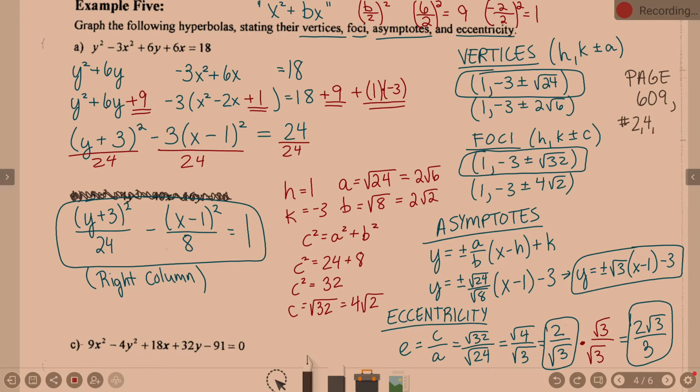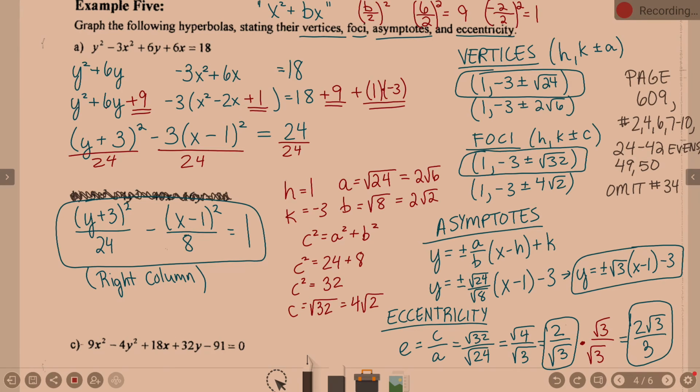Numbers 2, 4, 6, 7 through 10, 24 to 42 evens, 49 and 50, and you cannot forget to omit number 34.